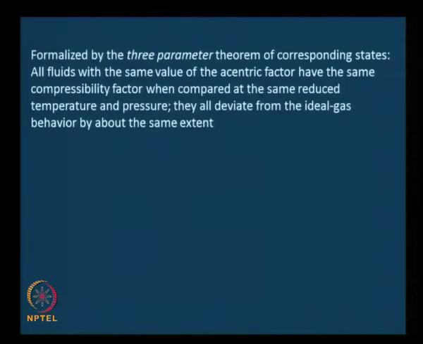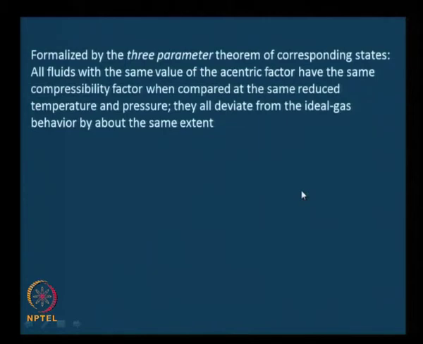And this led to the 3 parameter theorem of corresponding states, which said that all fluids with the same value of the eccentric factor have the same compressibility factor when compared to the same reduced temperature and pressure. In other words, they all deviate from the ideal gas behavior to the same extent.